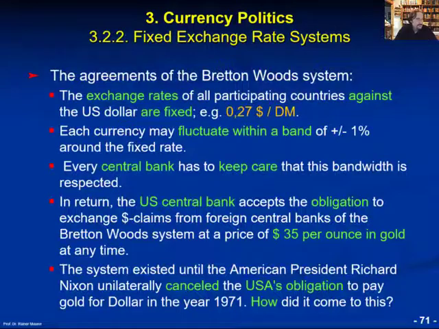The system existed in this way until the American President Richard Nixon unilaterally cancelled the US dollar obligation to pay for gold in the year 1971. How did it come to this event?